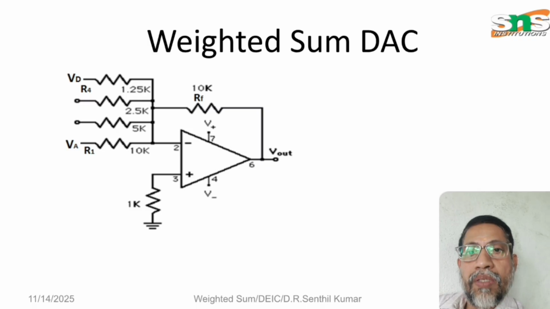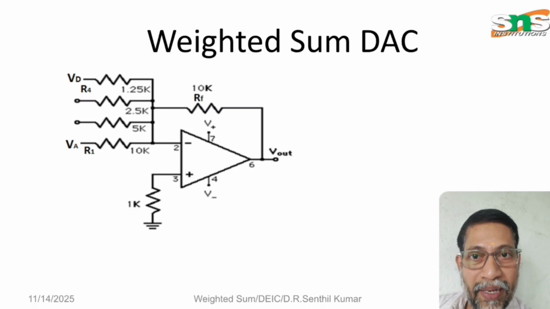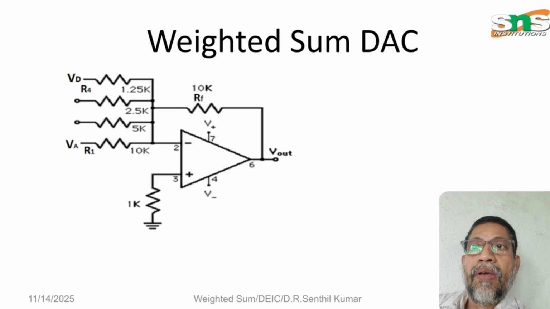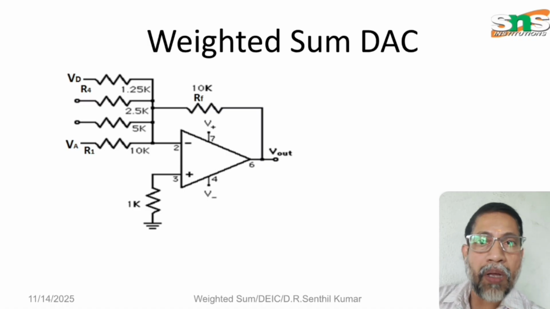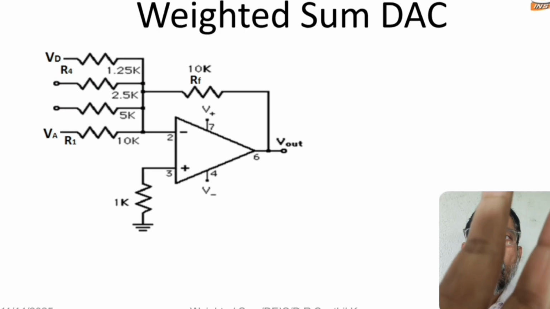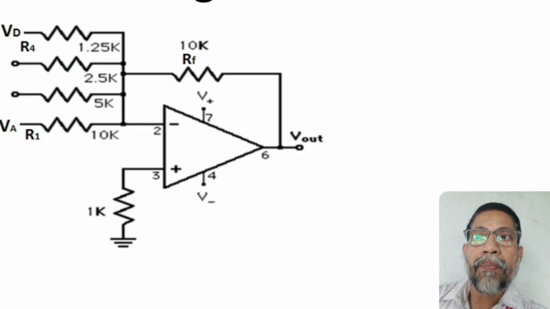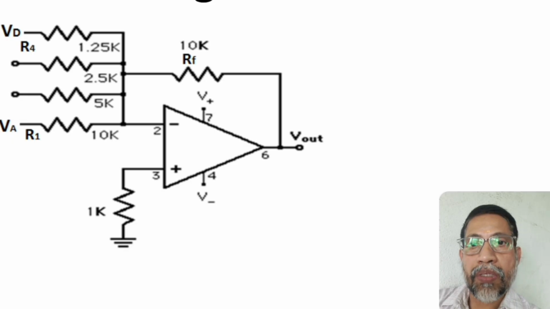The 4 resistor values are not equal, as you can see in the circuit diagram. The first is 10 kilo ohm, which is R1. The second is 5 kilo ohm, which is R2.